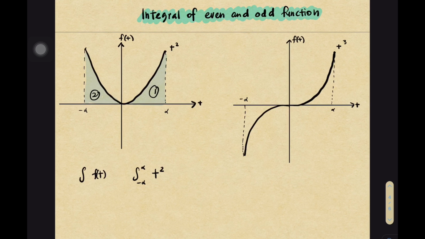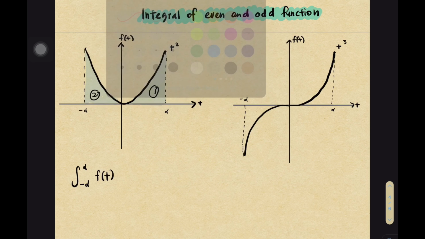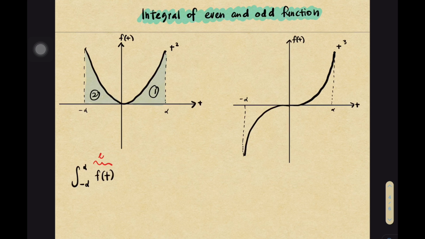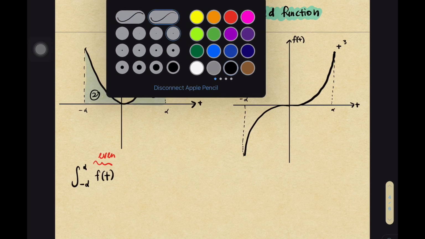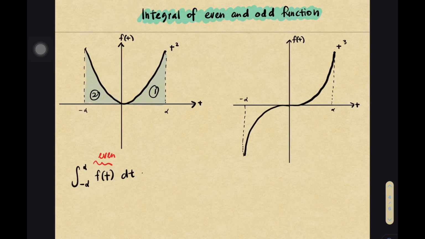So when we have the integral from negative alpha to alpha of the function f(t), where f(t) is an even function, you can write your integral here as 2 times the integral from 0, meaning we are finding only one area, and we multiply it by 2 because they are equal.